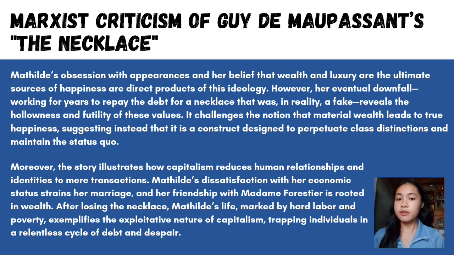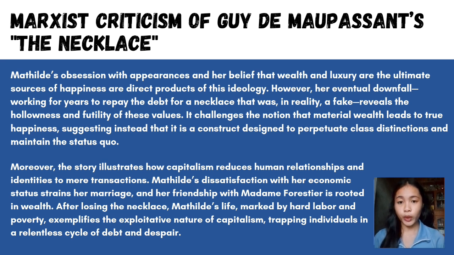Next, we have to investigate how these ideologies are presented and challenged in the story. Marxist criticism often explores how dominant ideologies, such as the belief in material wealth as a source of happiness, are portrayed and questioned. In The Necklace, Mathilde's belief that wealth and luxury are essential for a fulfilling life represents the bourgeoisie's obsession with materialism.